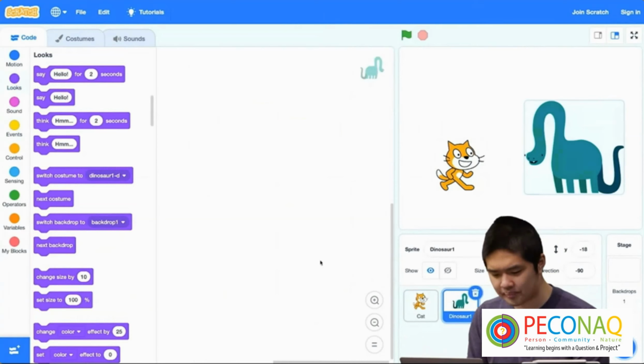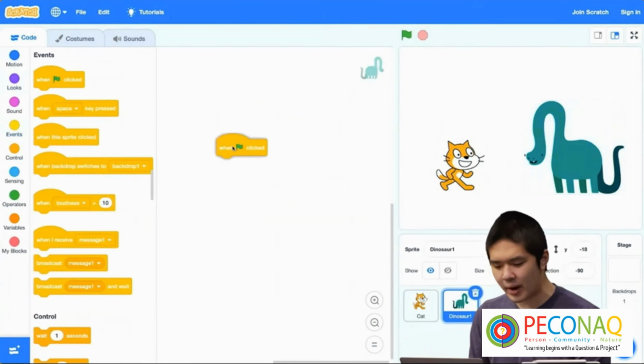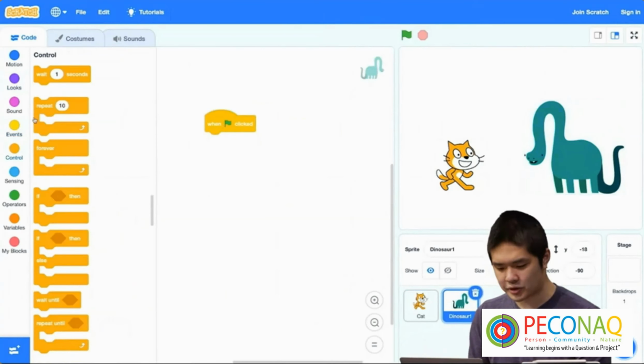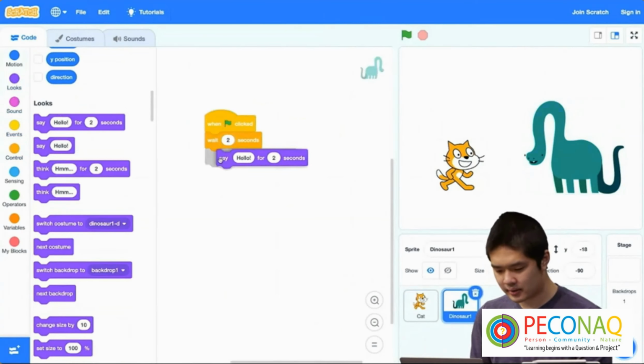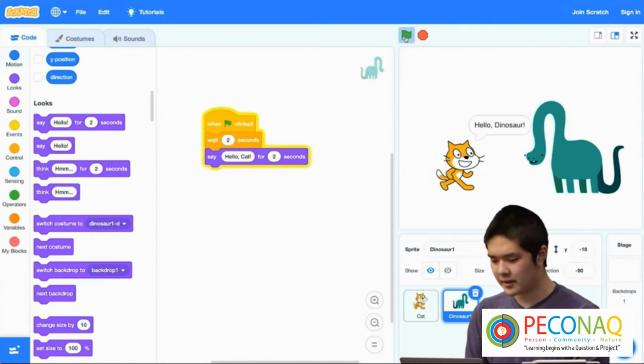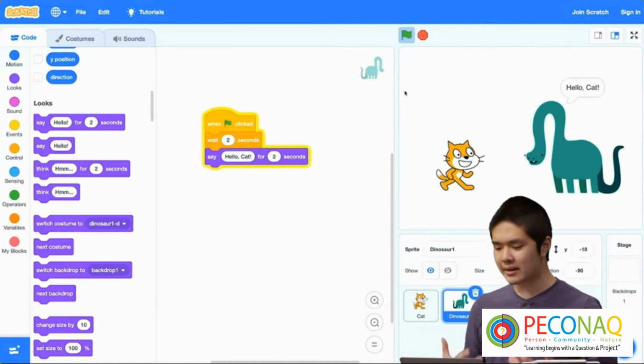So for the dinosaur, I said, when the flag is clicked, under control, wait 2 seconds, and then say hello to the cat. Now when I run the project, the cat says hello dinosaur, and immediately after, the dinosaur says hello cat.